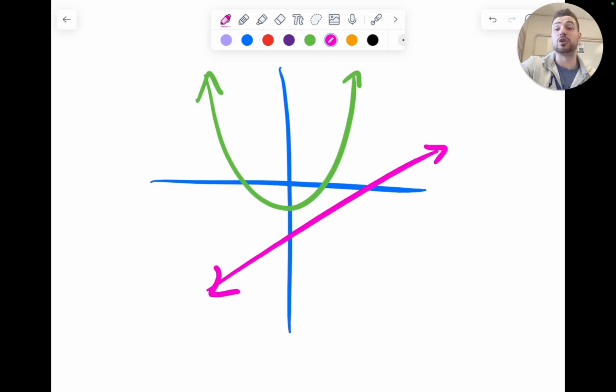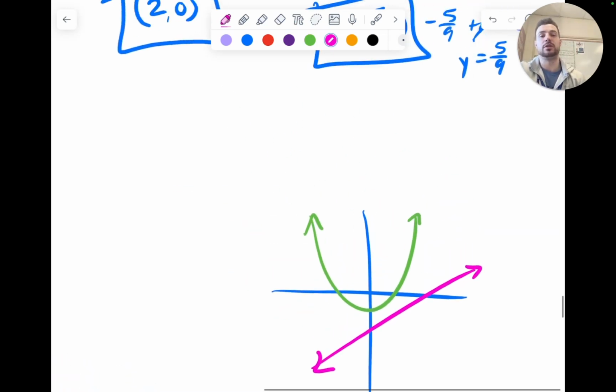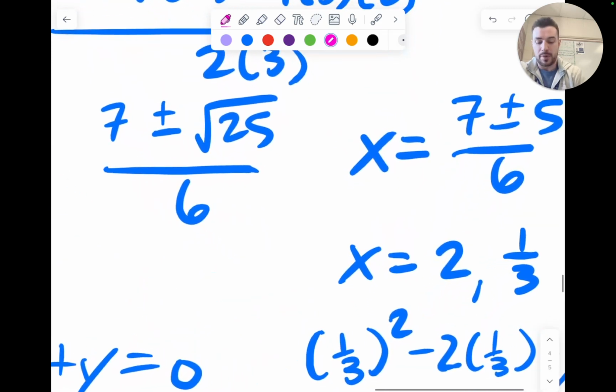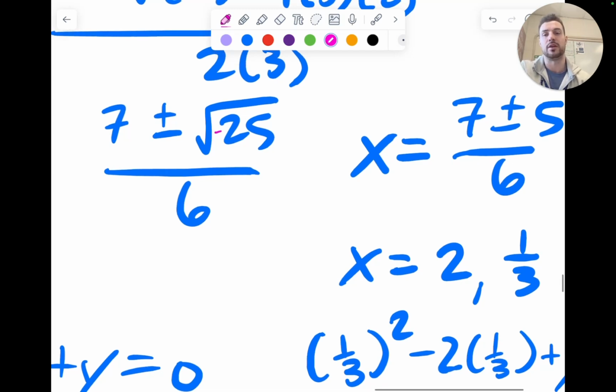What that would look like is a quadratic similar to something we had over here, but we'd end up with a negative value underneath our square root, which means the solution would be imaginary. If that's the case, we are not going to continue to solve for imaginary values. Instead, we are going to say that there is no solution to the system because there is no real point where the equations are going to intersect.